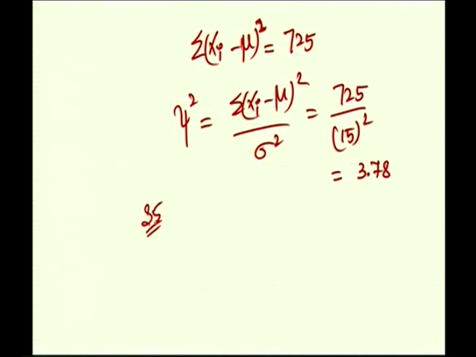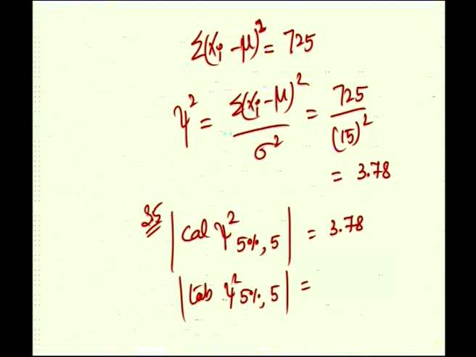Now, we have come to the comparison part. The calculated value of chi-square at 5%, 5 degrees of freedom is 3.78, and the tabulated chi-square at 5%, 5 degrees of freedom is 1.15. Since the calculated value is much greater than the tabulated value, H naught is rejected.